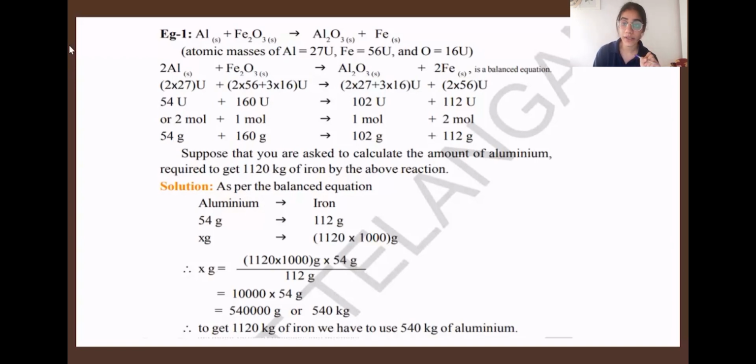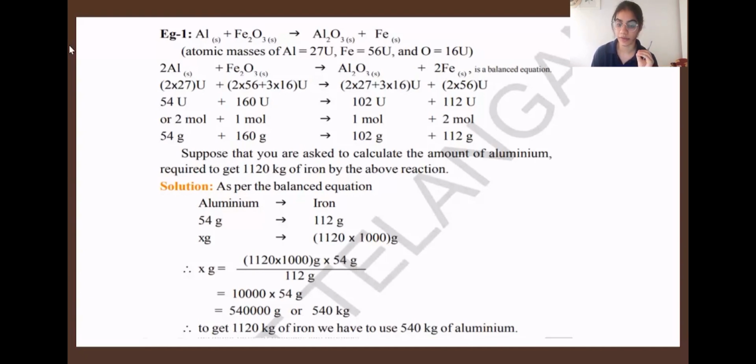So 1 gram of aluminium will give you 112 by 54 grams of iron.